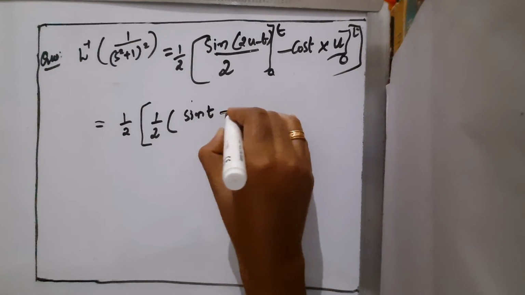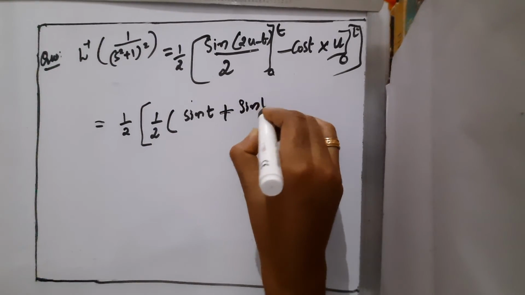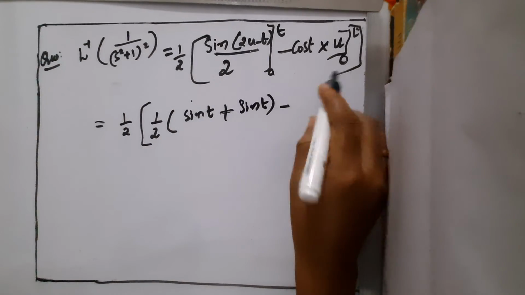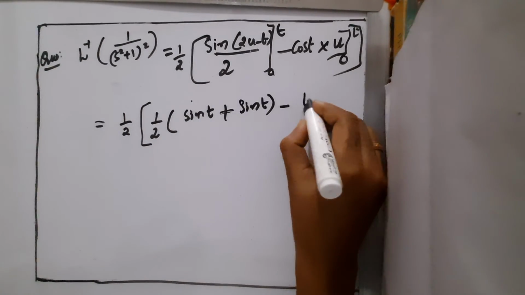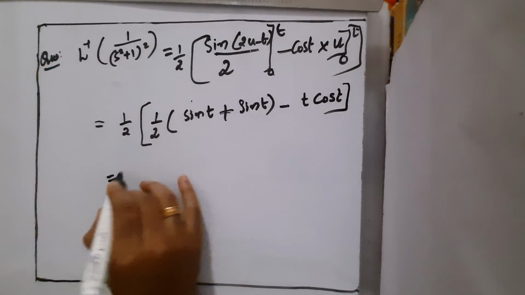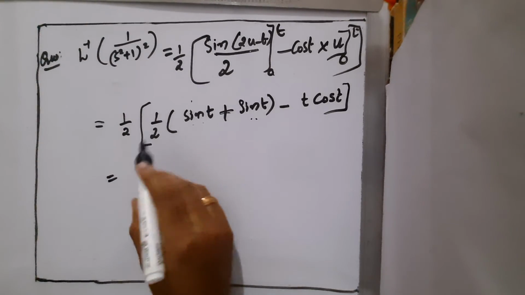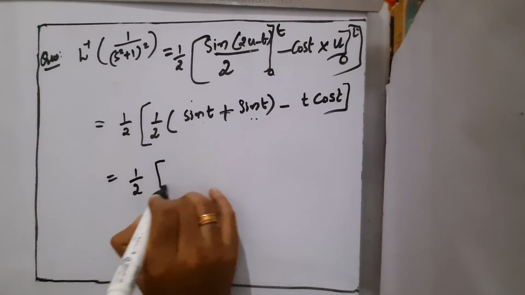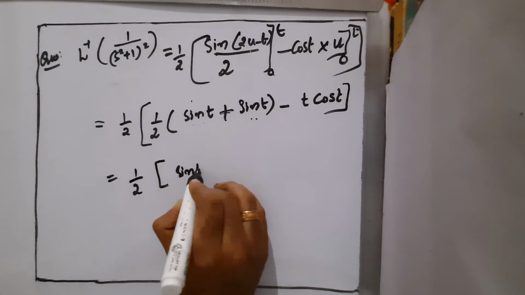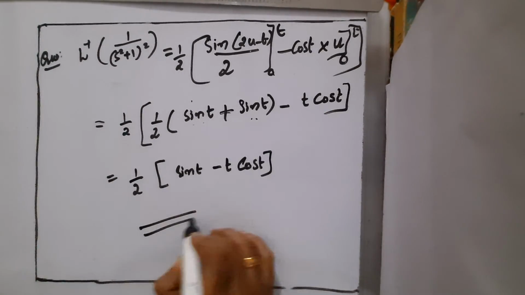So minus and minus get positive, then sin t minus t into cos t. This is equal to sin t plus sin t, which is 2 sin t. The 2 and 2 get cancelled, becomes half sin t minus t cos t. This is the answer.